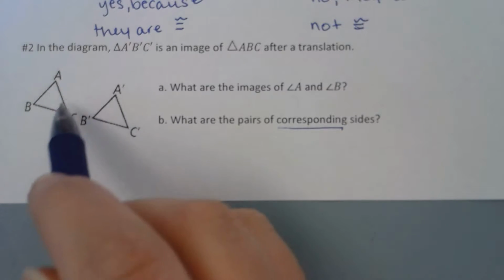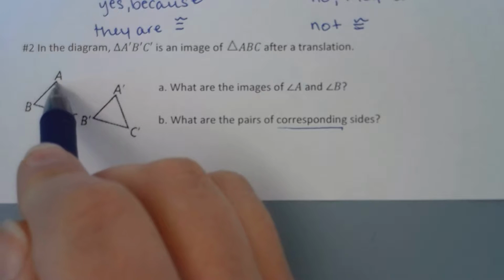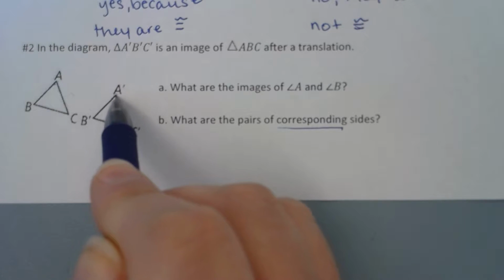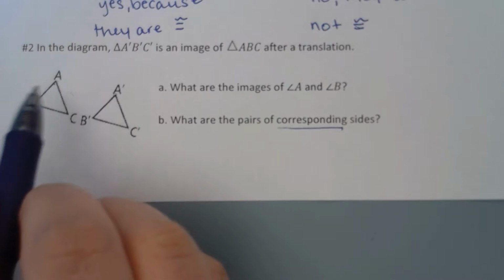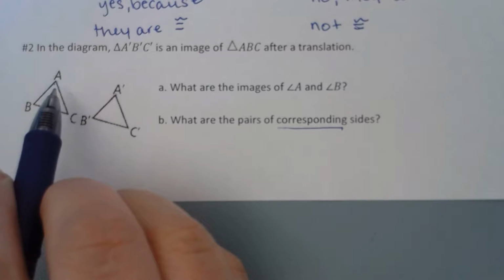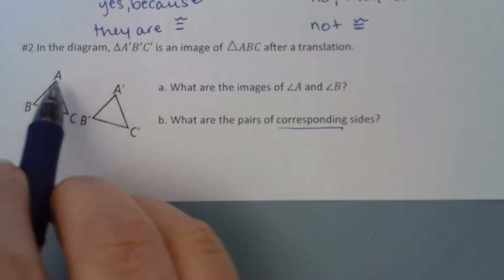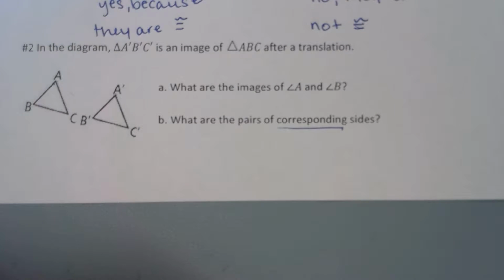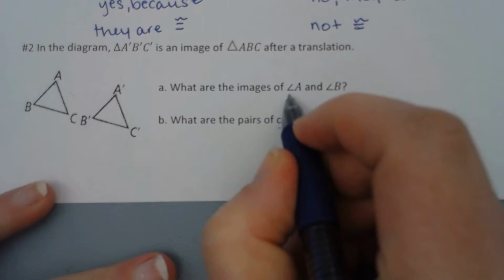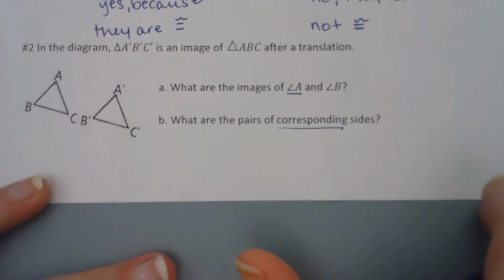Now that should be pretty easy to say that point A matches point A prime. One, because visually you can tell that it was just moved down, so these match. But secondly, they have the same letter. A and A prime match because they have the same letter A. So when they ask you, what is the image of angle A?